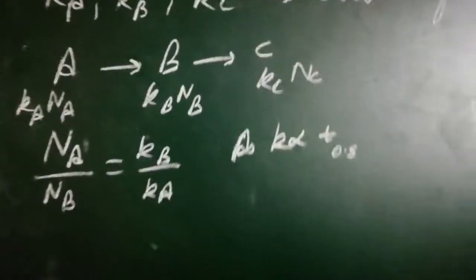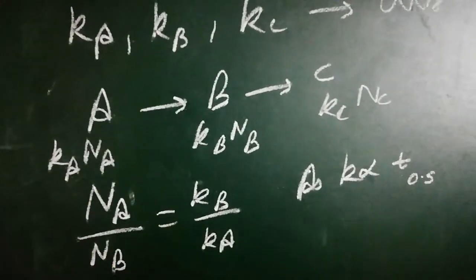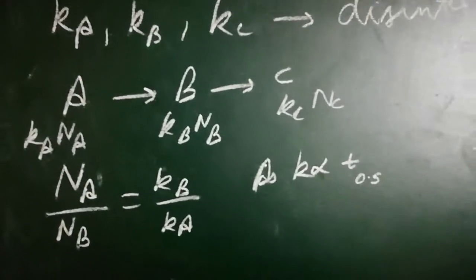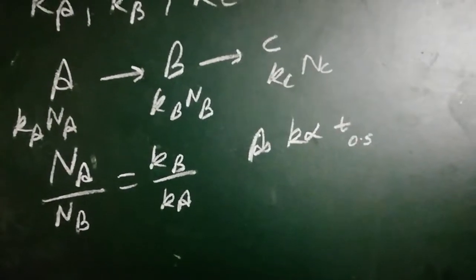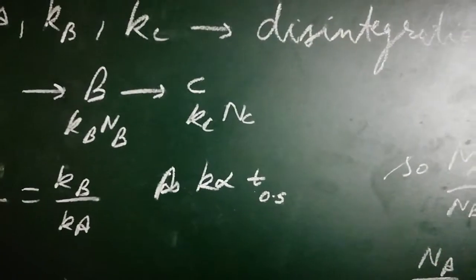So for A we can write Ka and Na, for B Kb and Nb, and for C Kc and Nc.